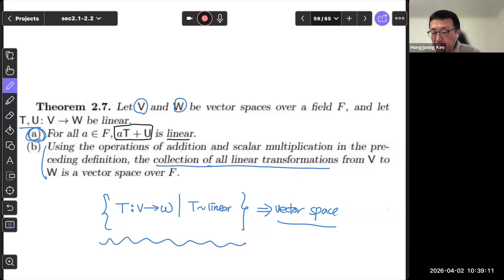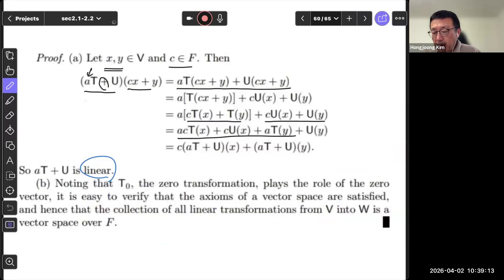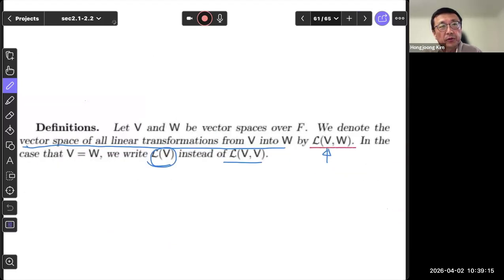This vector space will be used quite often, and symbolically we will use this notation. If you see L of V and W, that will denote the vector space of all the linear transformations from V to W. If V and W are equal, you can omit one of these and just use L of V.